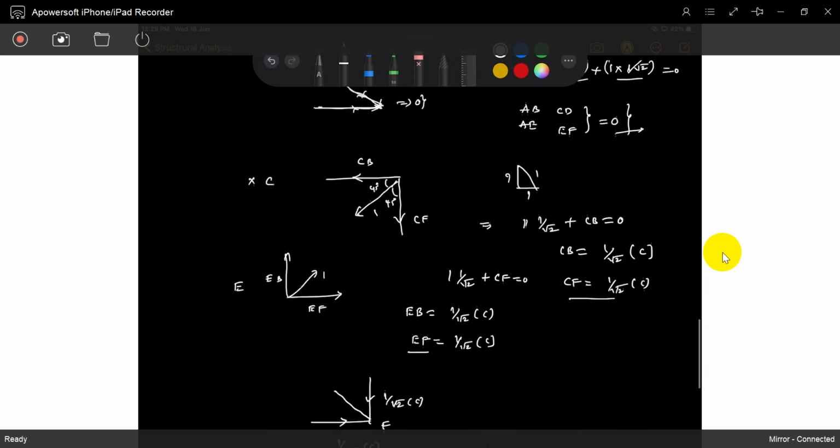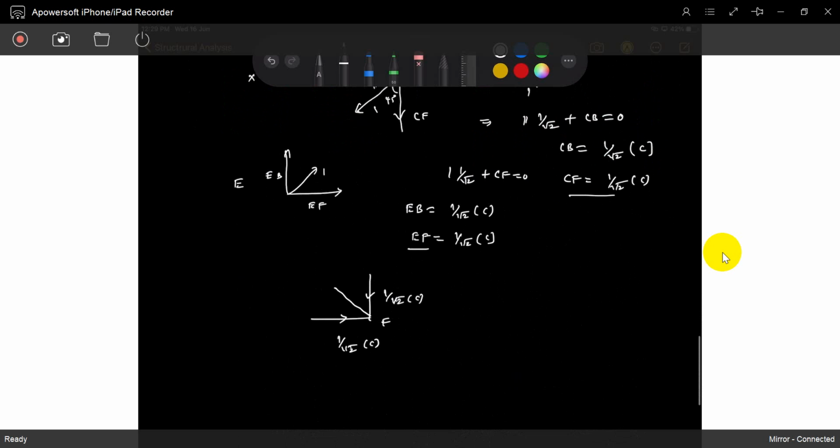So what is the value of BF? See, once again, this is 1 by root 2, this is 1 by root 2. How much is it? 1 by root 2 whole square plus 1 by root 2 whole square. What is it? That is 1. And then A square plus B square is equal to C square. What is the value?